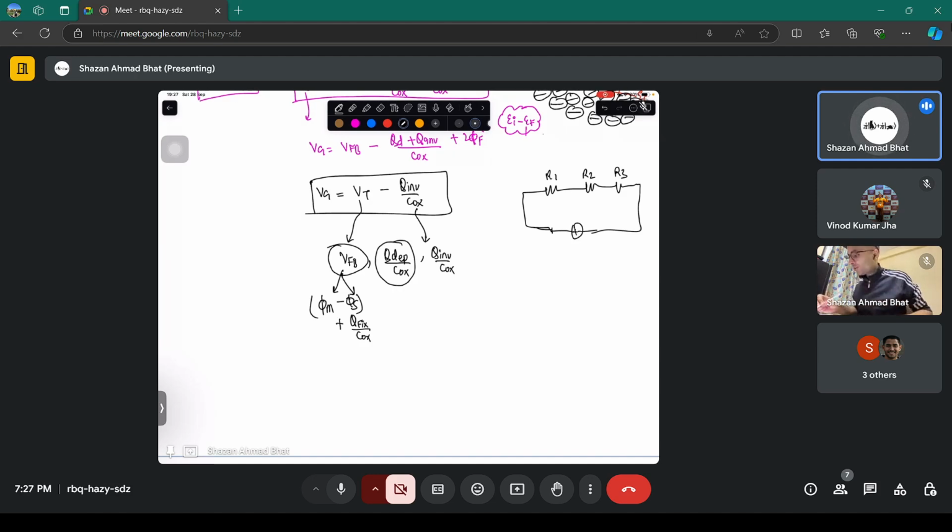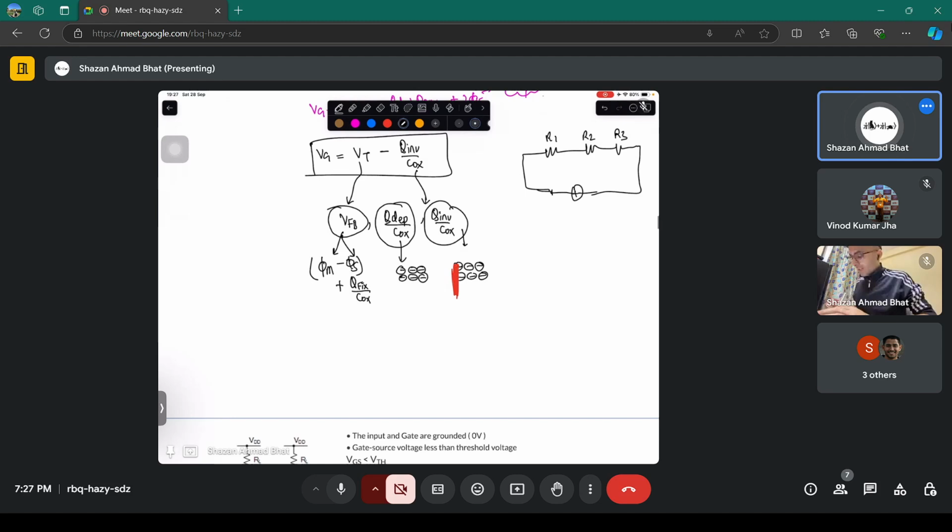And the second voltage drop is because you have to go into the depletion region first to create immobile ions in the depletion region. Then you enter into the inversion region where you have immobile ions as well as the electron density near the semiconductor and oxide interface. Those are the voltages which get dropped, which create this particular scenario.